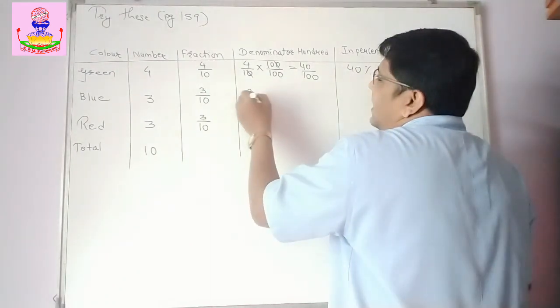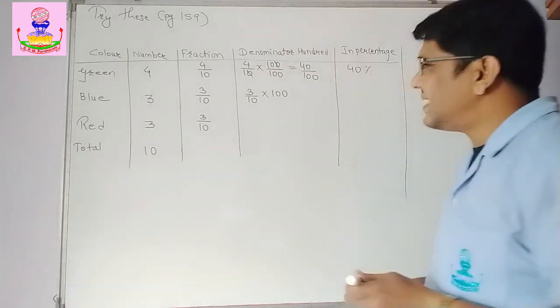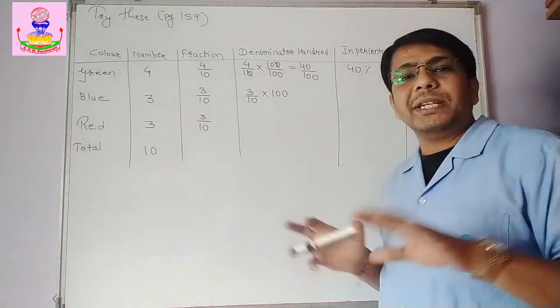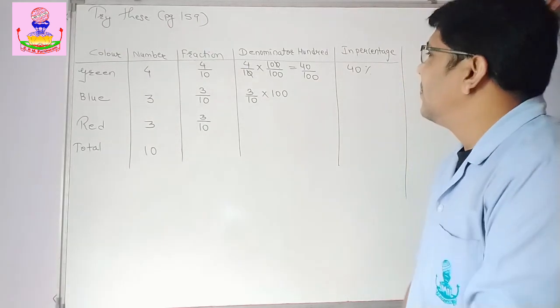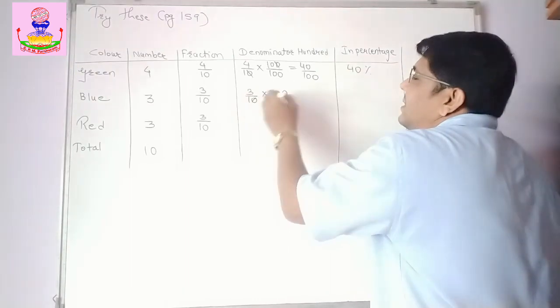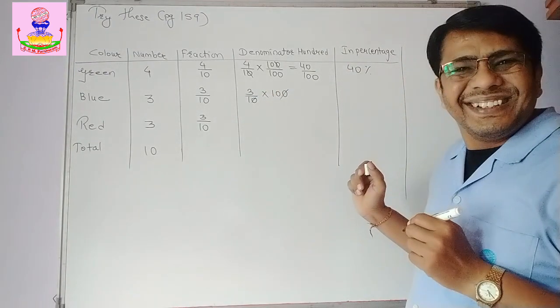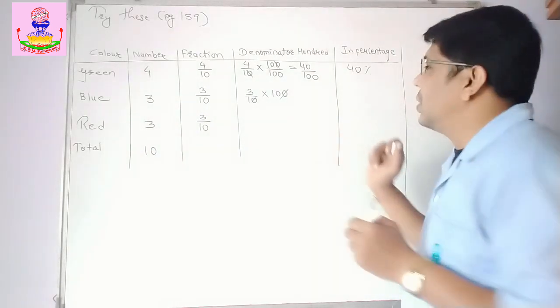Okay, then next method I can do is 3 upon 10 into 100. Straight away. Only multiply by 100. Okay, so see here 1 0 gets cancelled. This is unitary method.